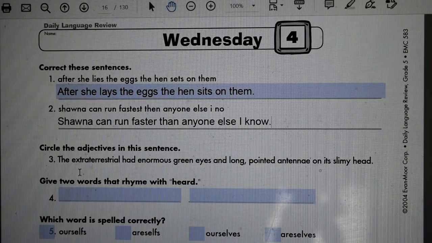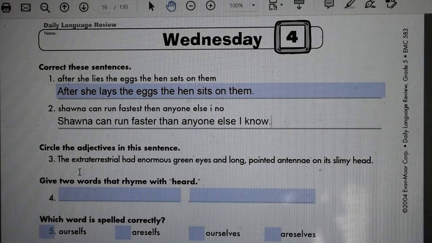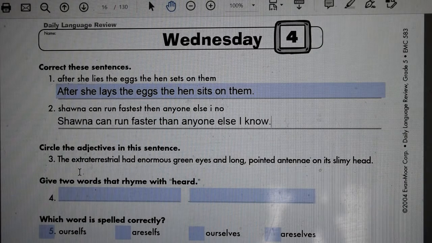All right, circle the adjectives in this sentence. The extraterrestrial had enormous green eyes and long pointed antenna on its slimy head. The first thing you might want to know is, what is an extraterrestrial? Well, in the 1980s, there was a movie called E.T., and E.T. is the shortened form of the word extraterrestrial.